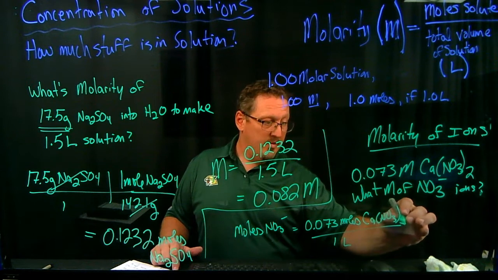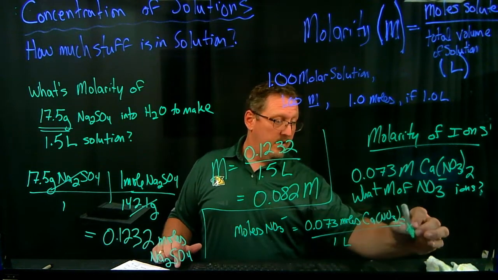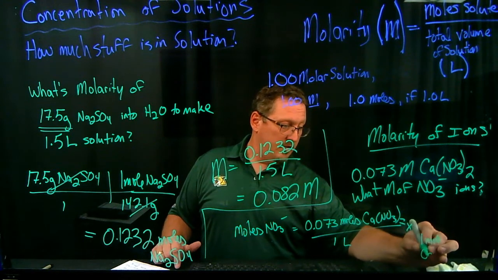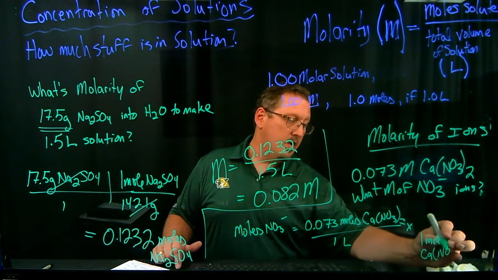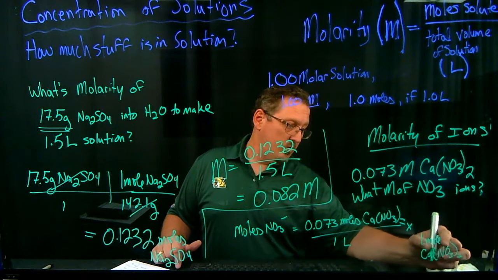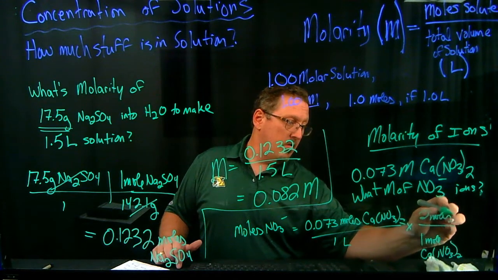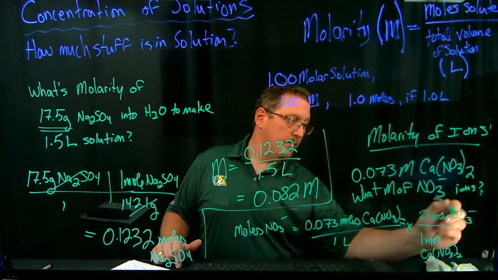We're going to multiply this by the fact that for every 1 mole of Ca(NO3)2, we're going to make 2 moles of NO3 minus.